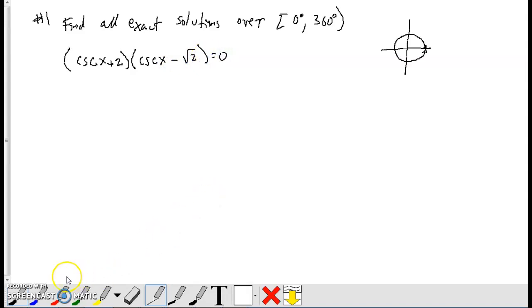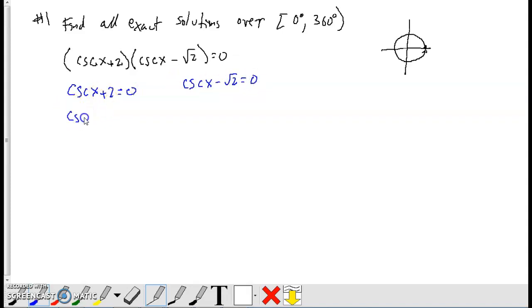Well, the great news about the first problem, usually the first problem is the easiest, it's already factored for you. So it's already set equal to 0. There's no need to multiply those binomials together. Don't do that. So I'm going to jump to the second part where, since it's factored already, I'm going to set each factor equal to 0. So here are my two factors equal to 0.